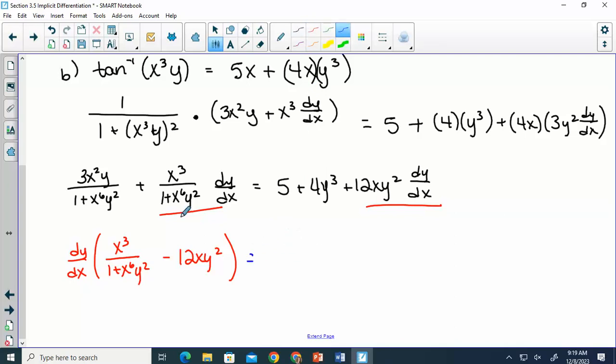On the other side, we need all of these terms. Final step is to divide.